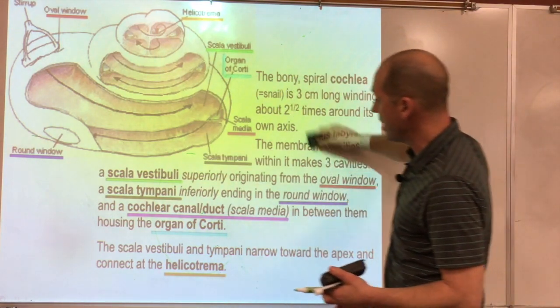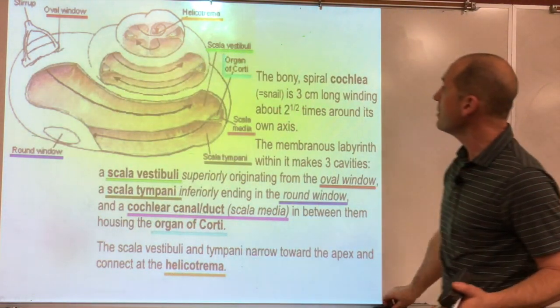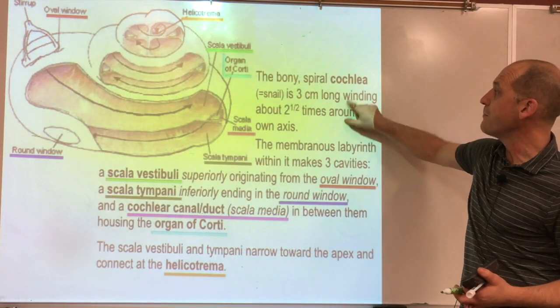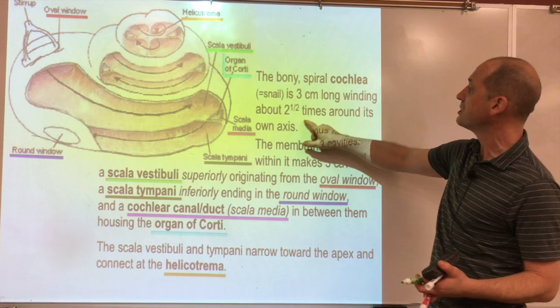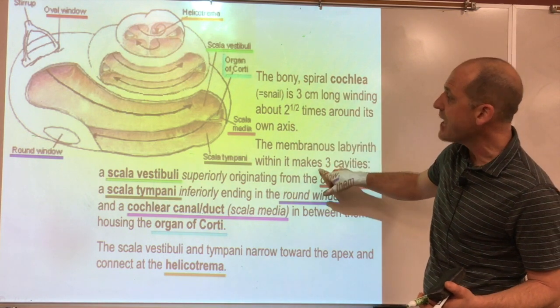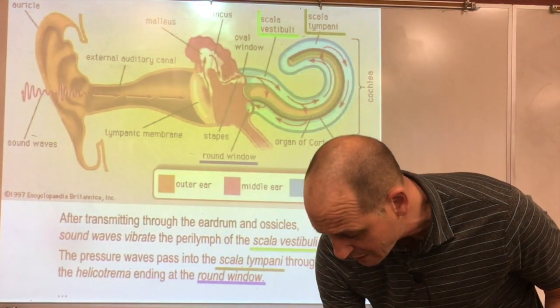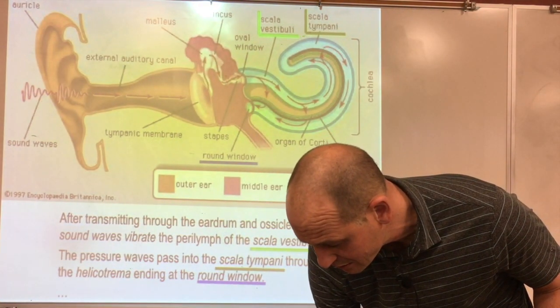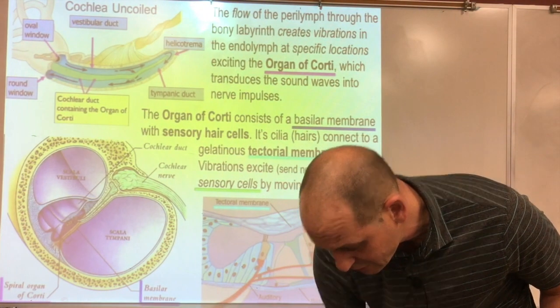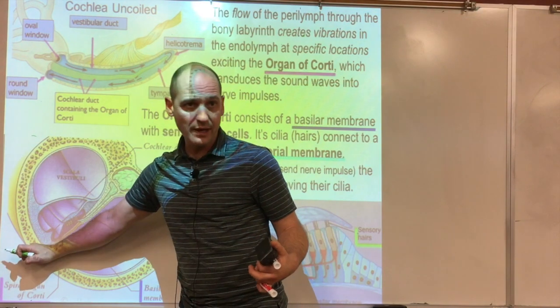So now you've got this perilymph, this endolymph, this bony labyrinth, and the bony cochlea is the bony labyrinth. It's about 3 centimeters long. It circles around 2.5 times. And then inside there is that membranous labyrinth. So let me show you. That's again that cross section of the bone of that cochlea.